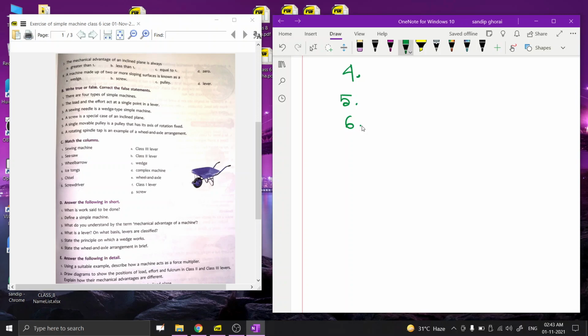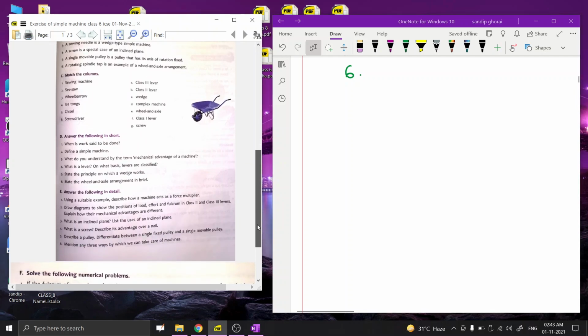You have to write down the definition of the wheel and axle arrangement, then write how it works, and also note down some examples of wheel and axle arrangement. So we completed the answer the following in short type of problem.